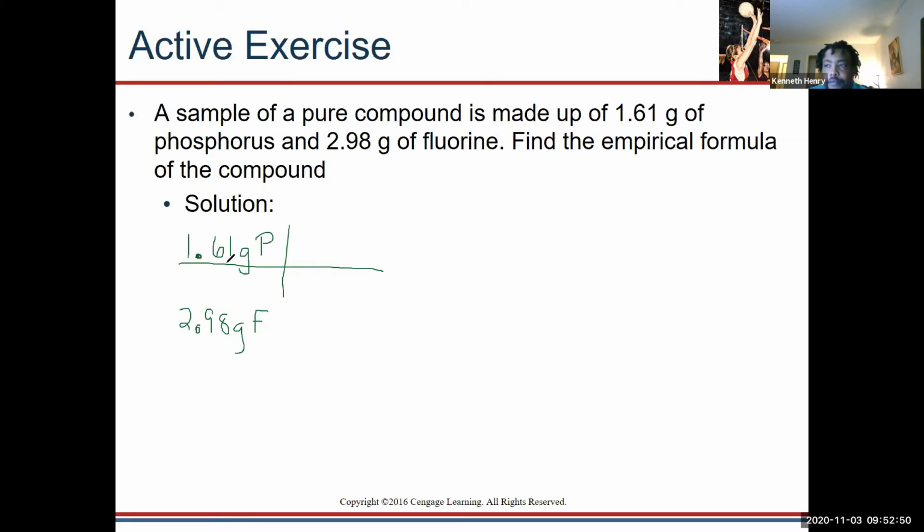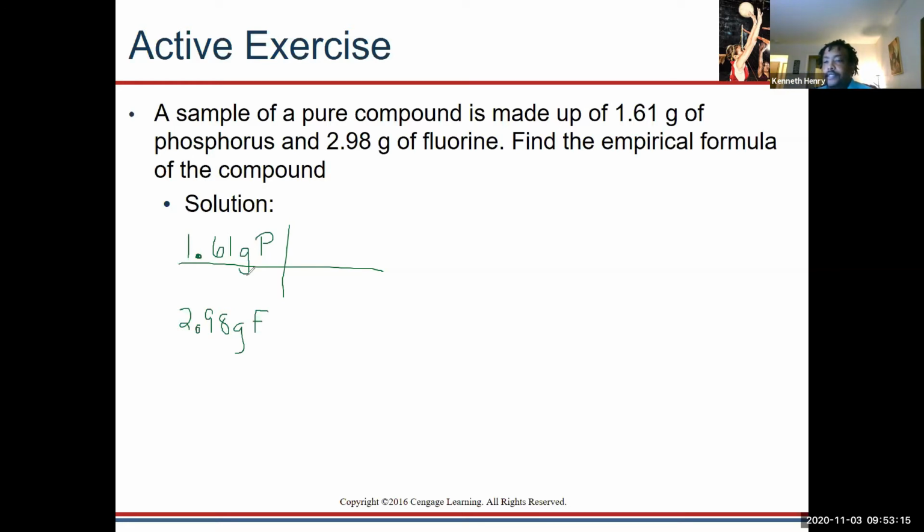I have grams here, phosphorus. So what do we know about phosphorus? Can we look for the molar mass? The molar mass.